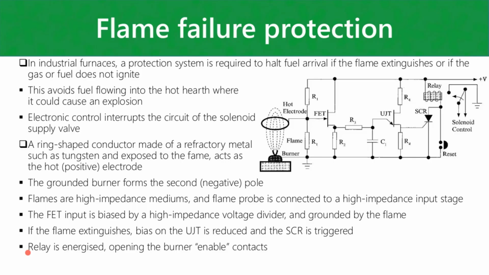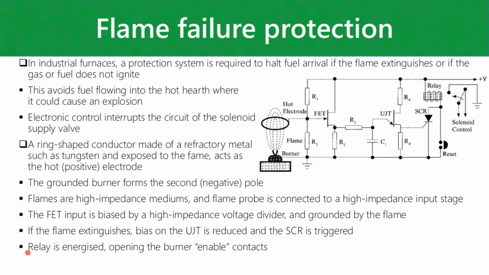I just want to see here, flame failure protection mechanisms. This is interesting because they don't say what type this is. But this is more for industrial furnaces, but there are other detectors as well.